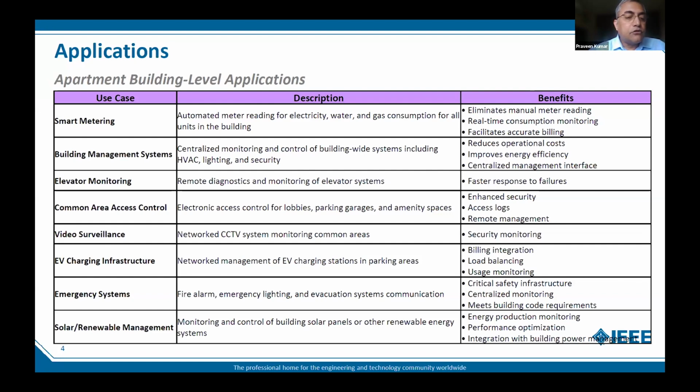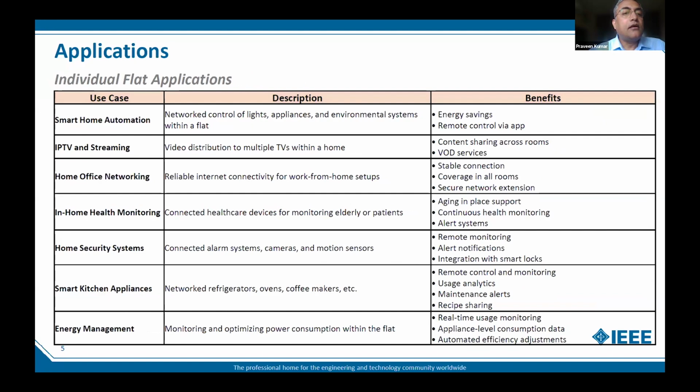Another use case could be solar and renewable energy management. For individual flat applications, there is smart home. Nowadays all the appliances are connected through electrical wire, and if they support PLC, then home automation will be very suitable for this technology.